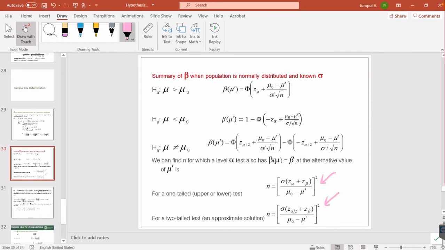And in this formula, you can see that it has to have mu zero, mu prime, sigma, z alpha, z beta, and so on.